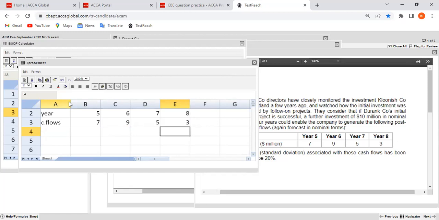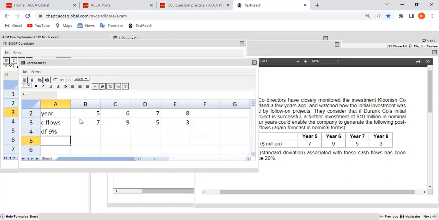See, guys, here we cannot apply that spreadsheet function formula, because that is applied when the positive cash flows are starting from year one. Then we can apply that formula directly. Here, the cash flows are starting from which year? Year 5. So guys, what is the discount factor? 9%.